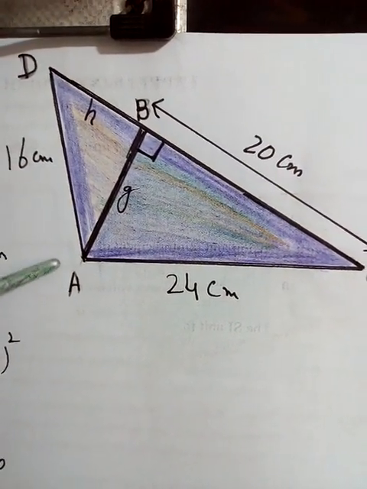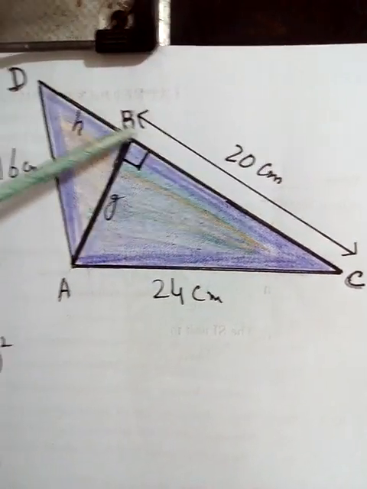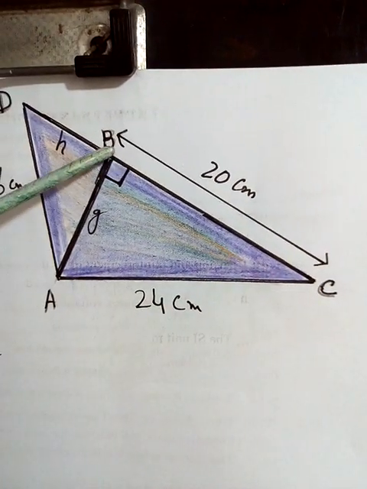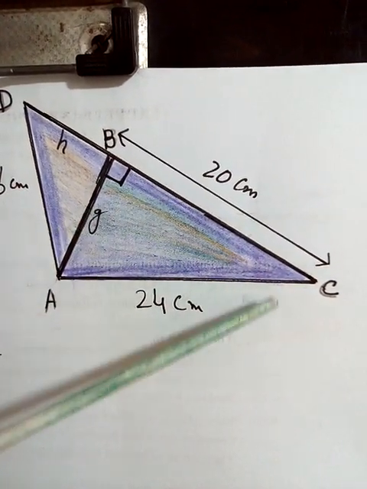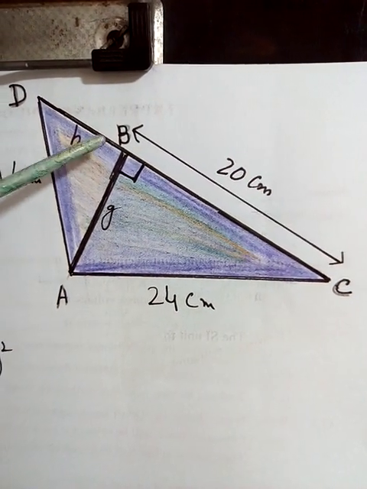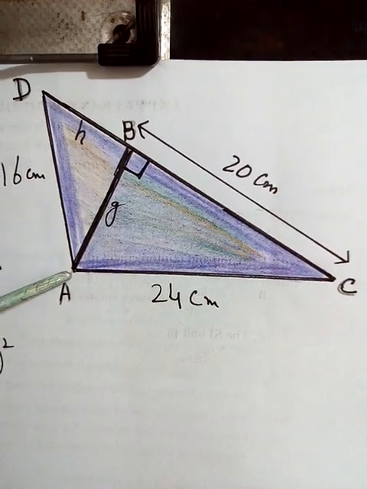See, the first part of the triangle is ABC. Its two sides are given, the lengths of two sides: BC is 20 centimeter and AC is 24 centimeter, and we have to find the value of G, that is the unknown length of the side.